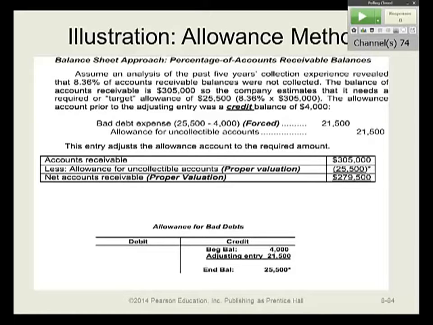So you have to have 25.5, and as a result, the adjustment you need is what? 21.5. So you have to have an adjustment of 21.5.